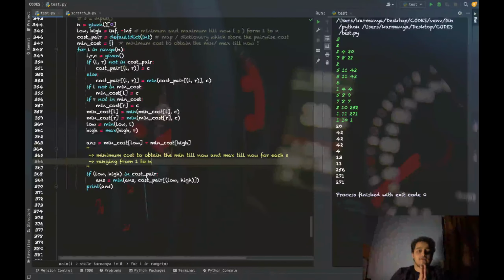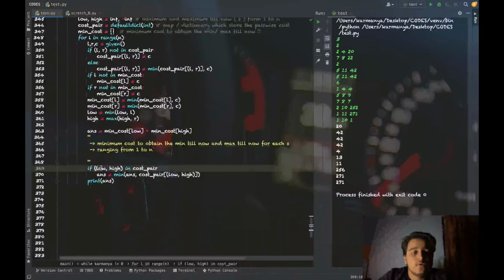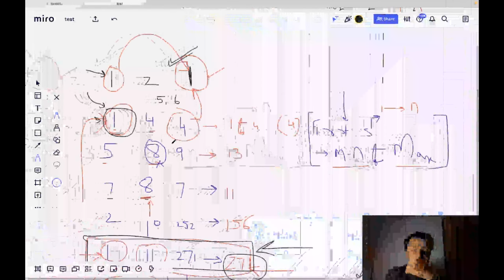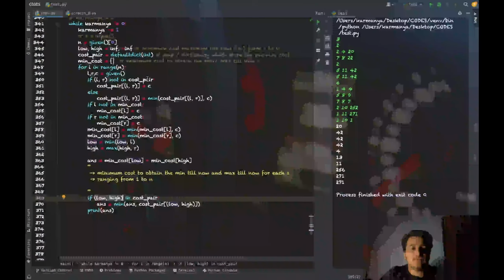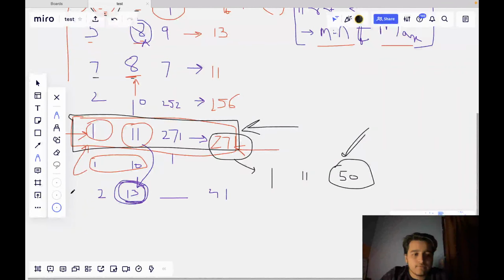Okay, so I've taken this cost and I have just added the two. And if this particular pair of low and high, what this means is the cost of minimum till now and maximum till now, is already present in the cost pair, and cost pair is storing the pairwise cost, then this was the case where these two pairs are already present in the dictionary.